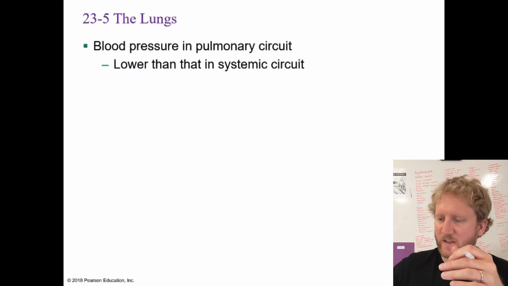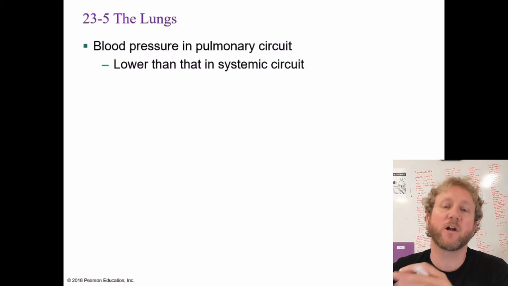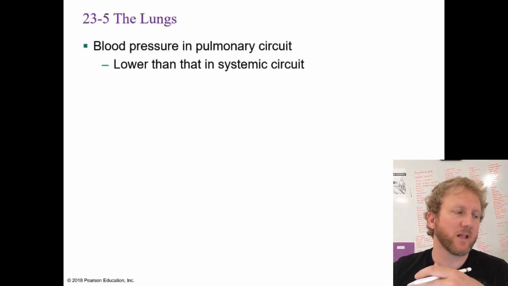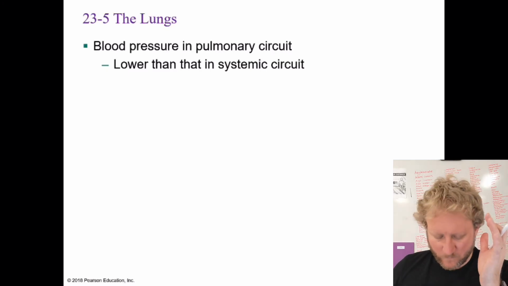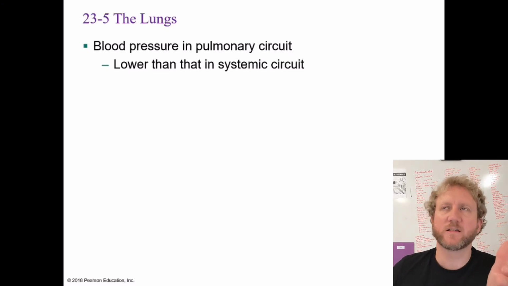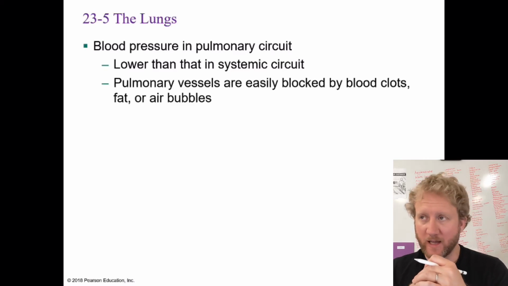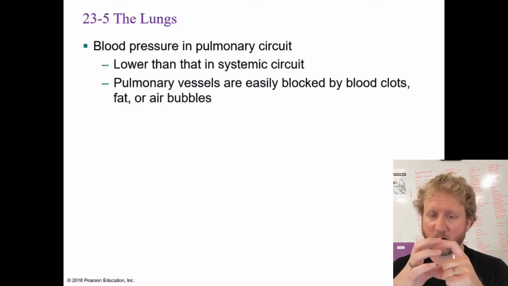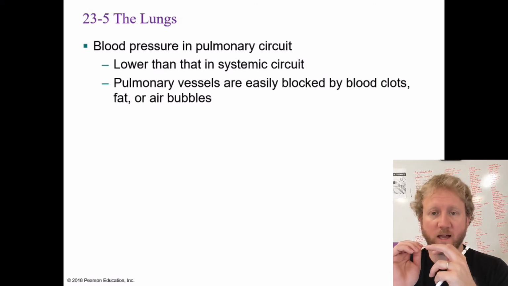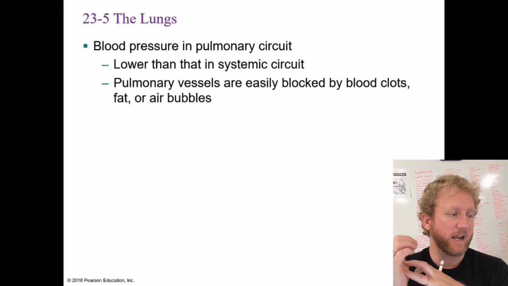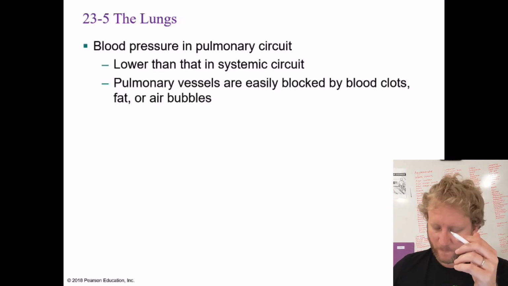A lot of heart diagnoses, when they're looking at cardiac output, are primarily looking at the left ventricle. However, because this blood pressure is lower, it's easier to block the pulmonary vessels by fat deposits causing clogging of the arteries, blood clots, and air bubbles.